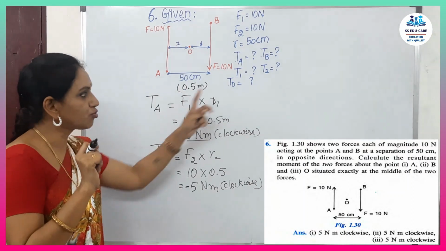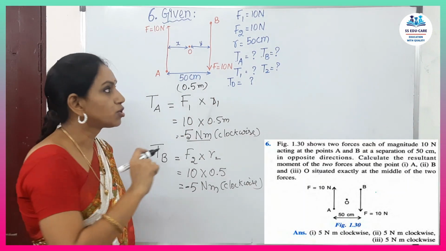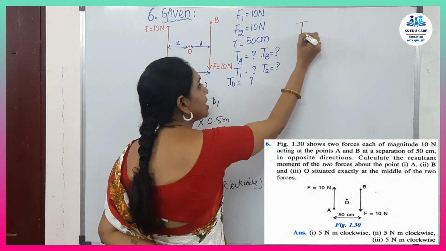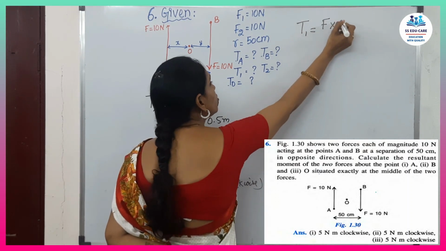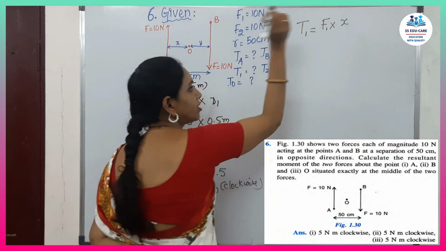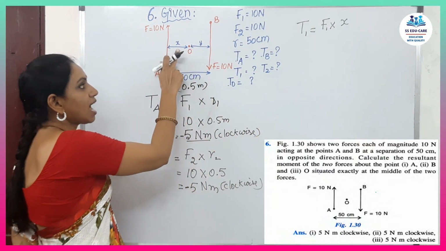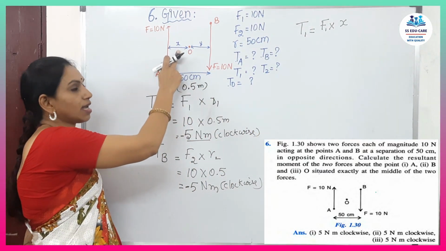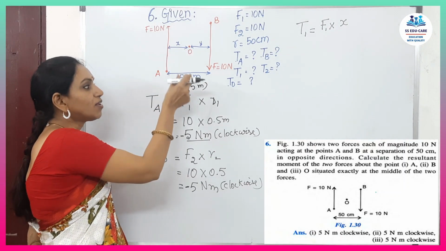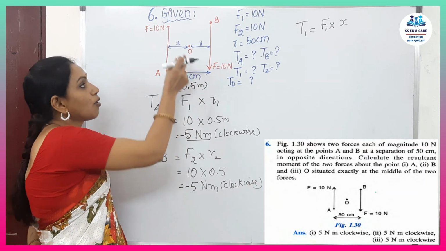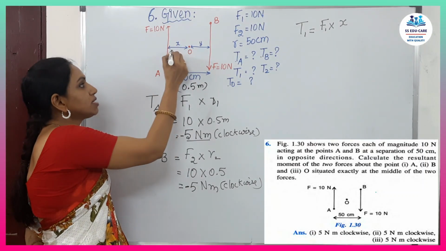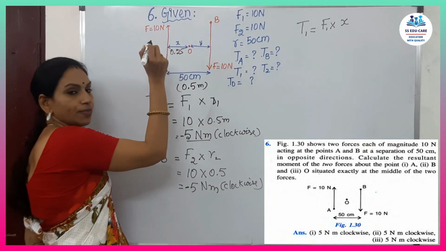They are asking us to find out τ1. So what is τ1? τ1 is equal to force into x, F1 into x. What is x here? I have denoted it x here, which means half of the total distance. If the total is 0.5, this will be 0.25.